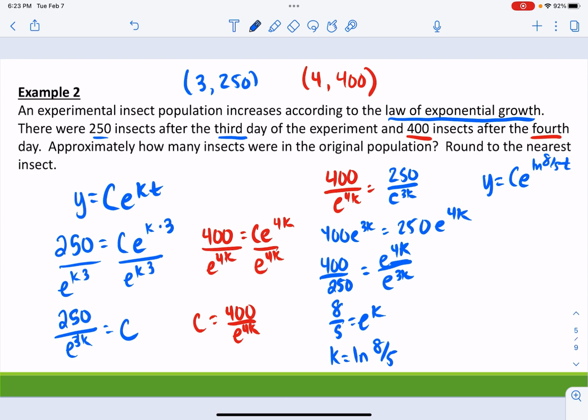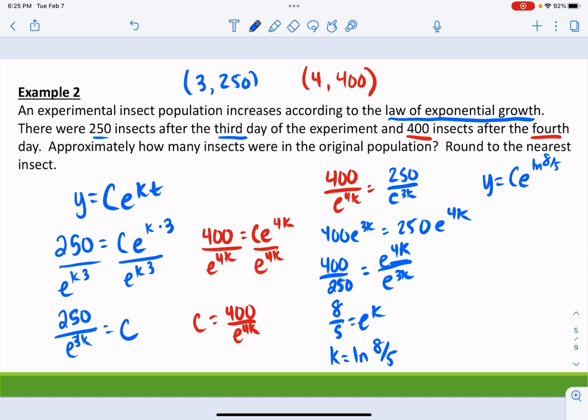I want to know approximately how many insects were in the original population, so we have to reapply one of our initial conditions.